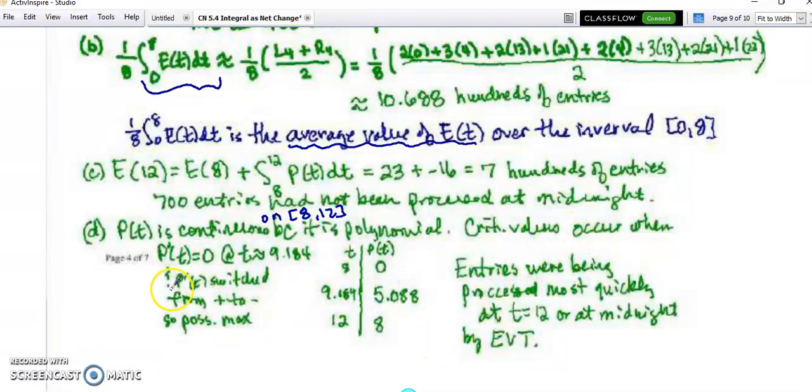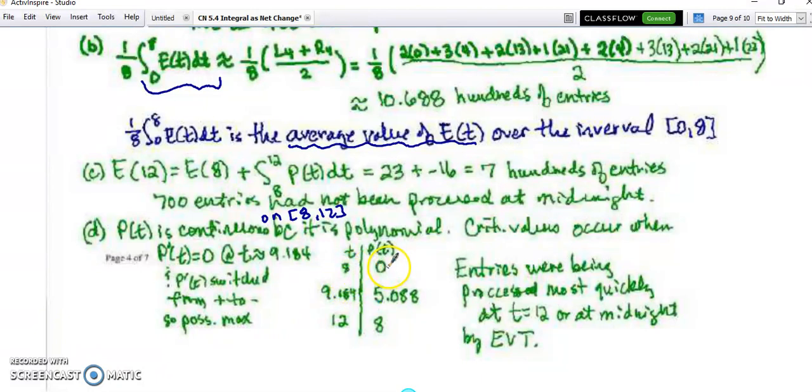Our critical values are when the derivative of P of t is equal to 0. All I did on my calculator was use nderive. You don't have to tell them you used nderive, you just do nderive, and then second calc, zero, and get this value. You put this up here, and then you make sure you check your chart.